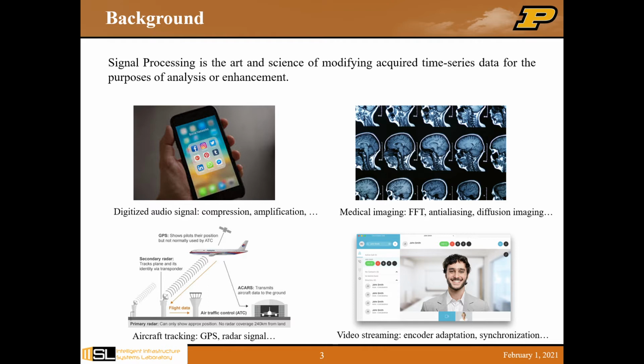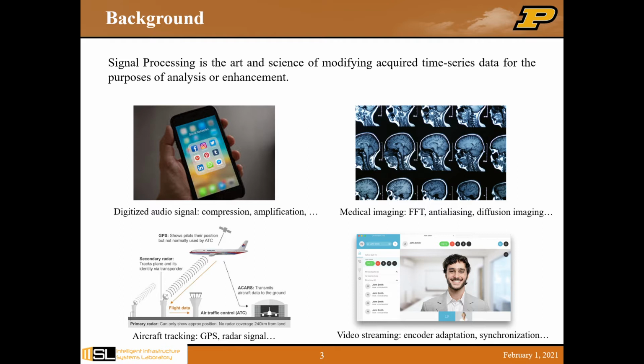They transform the magnetic signal or radio signal into an image, and then visualize the structure of the organs or other things inside your body. Another interesting example is aircraft tracking, which has been widely used for both civil and military purposes. People use radar and GPS signals to track the position and traveling path of the aircraft.